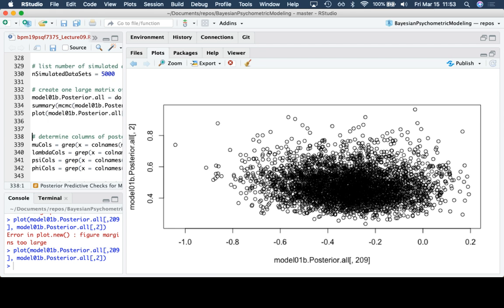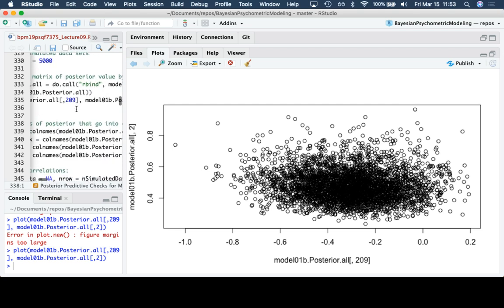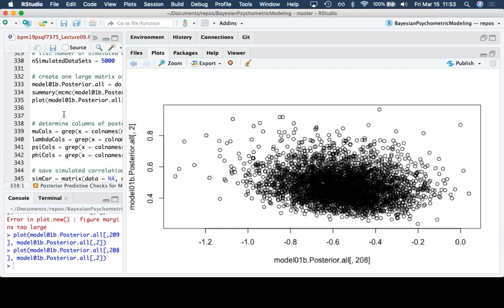All right. So not a lot of correlation there, right? That's one person's factor score with the factor variance. There's another person's, right?